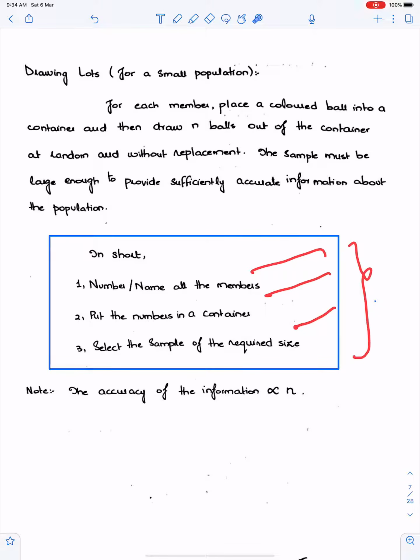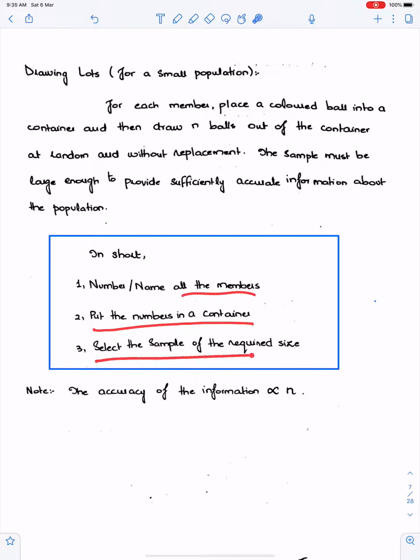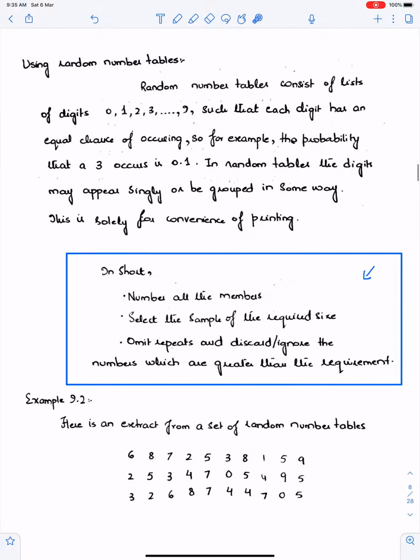Whenever you find a question of drawing lots in the exam, write these three steps. Number or name all the members, put the numbers in a container, select the sample of the required size at random. Now this is very important. The accuracy of the information depends on the size of the sample. If the sample size is large, then the information will be more precise.